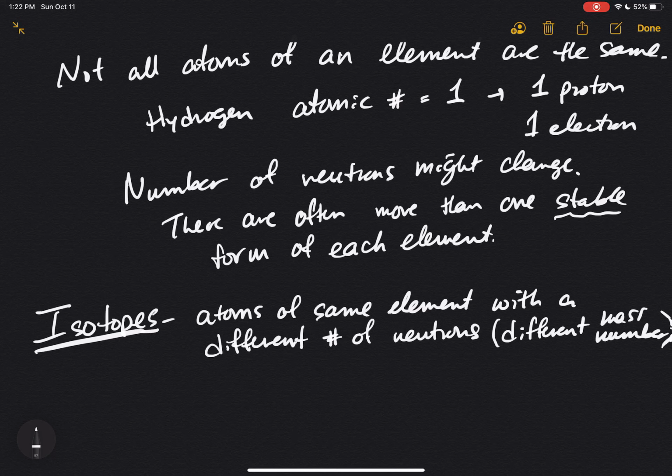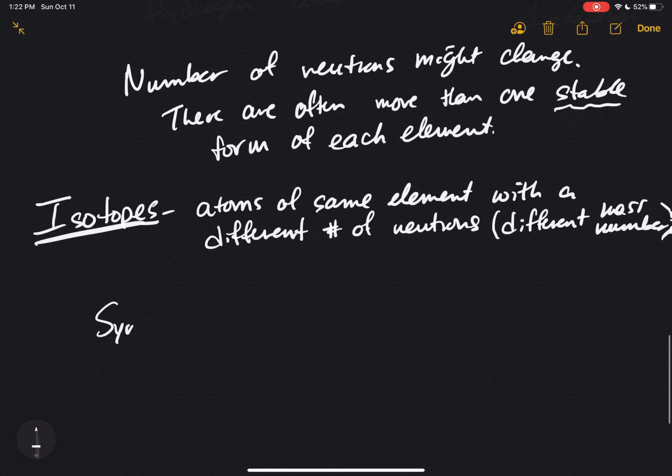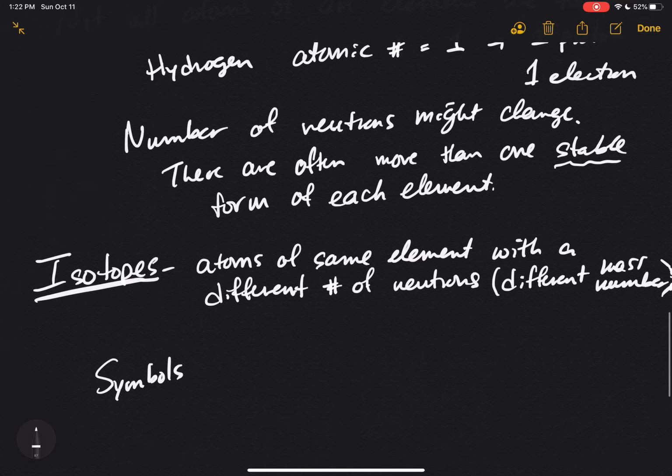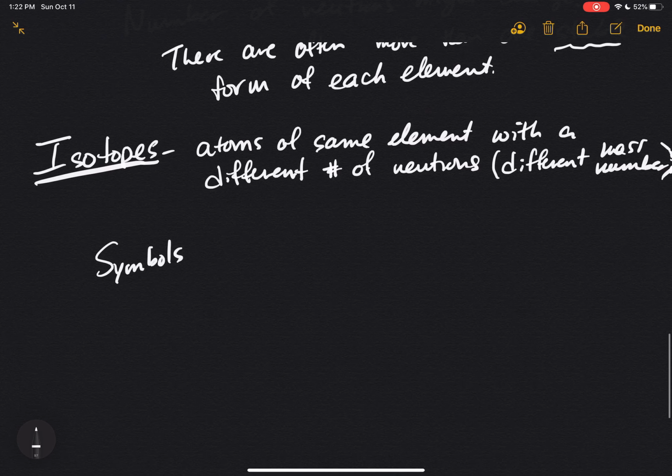So we need to figure out a way to use the mass number to identify an atom or to describe an atom without writing out all these long sentences. And there are going to be two different ways we're going to do that. We're going to write it out with symbols, or we're going to write it out with words. So using symbols, we're going to see something that looks like this.